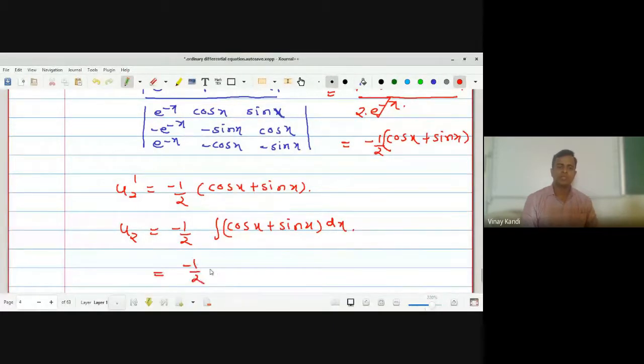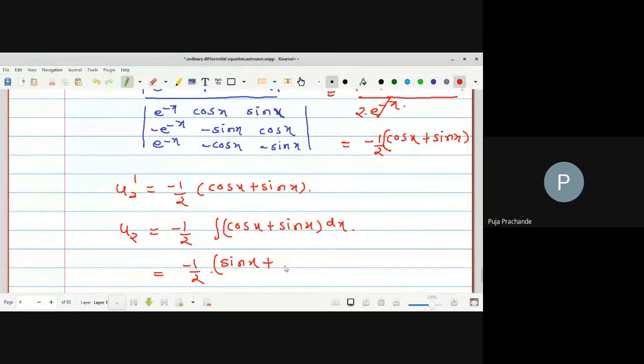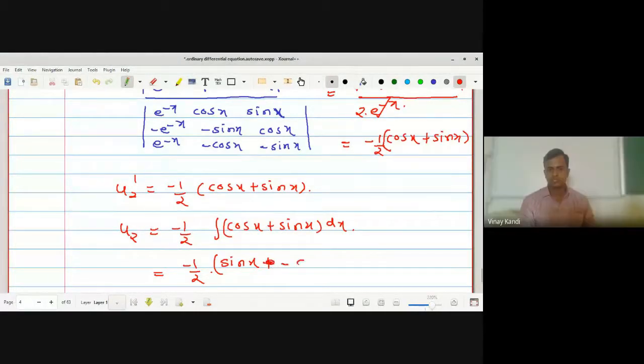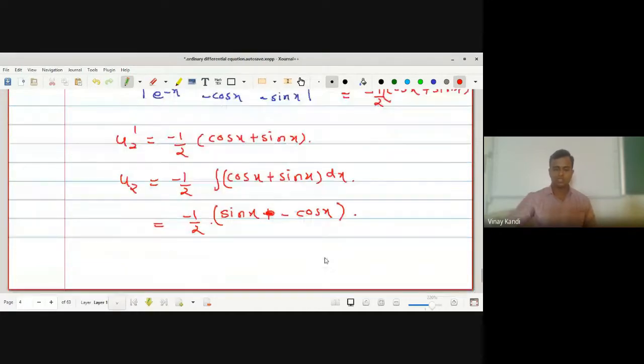Cos x integration काय येणार? Sin x. And sin x integration minus cos x. Okay, correct. So this is the value of u2.